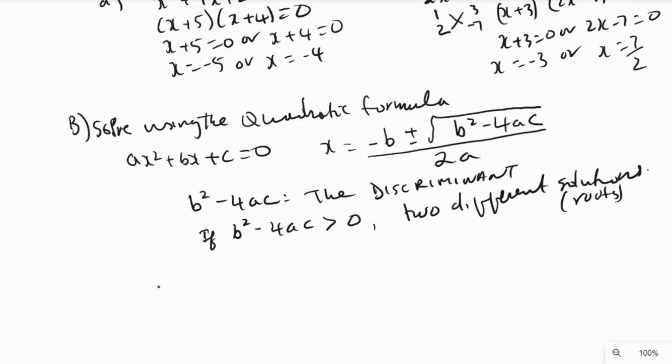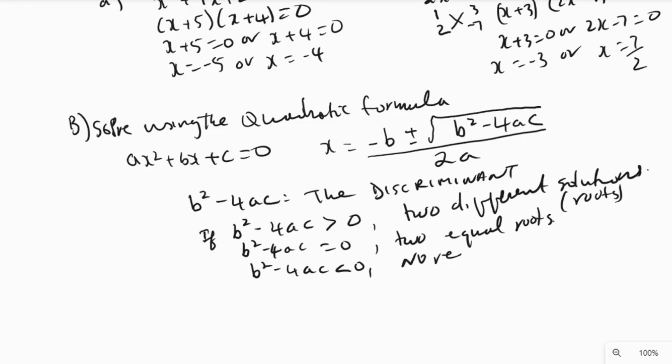If b squared minus 4ac is equal to 0, we say equal roots. B squared minus 4ac less than 0, we have no solution, we have imaginary numbers, no real roots.